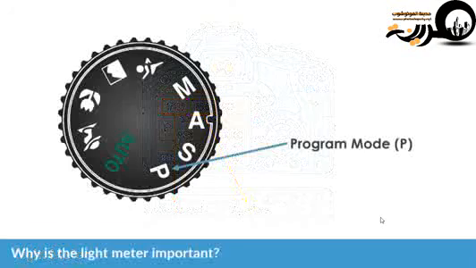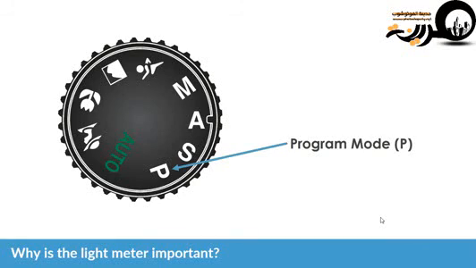Okay? So, to see this in action, you can try this out yourself. Put your camera into the P mode or the program mode or even into fully automatic. If you point your camera out the window where it should be a little bit brighter or perhaps darker, it absolutely depends on what time of the day it is, wherever you are watching this in whatever part of the world you're in.